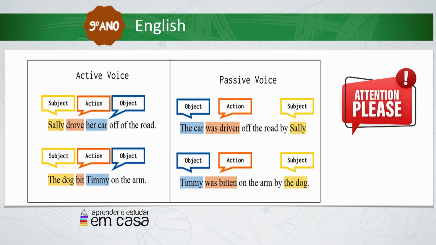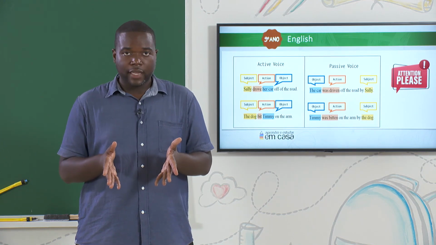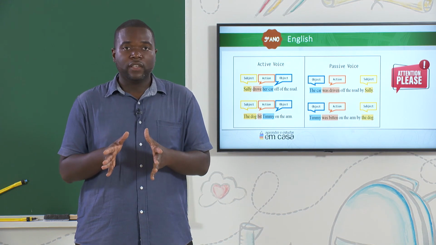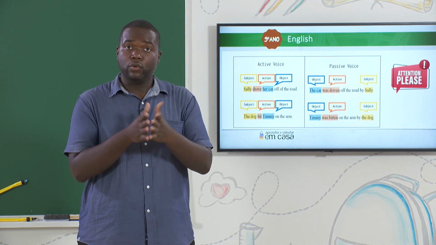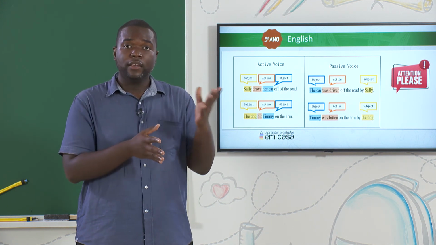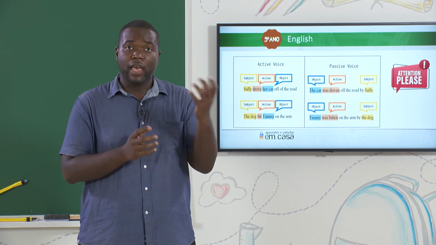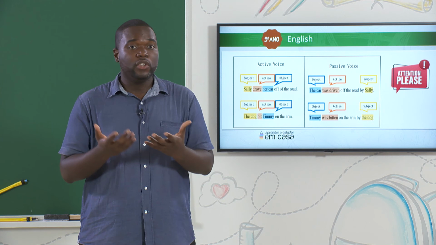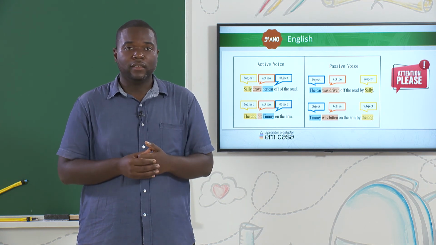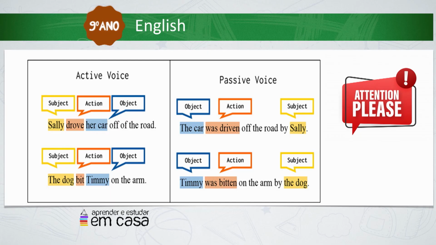Okay. All right, students, were you able to get that? In the active sentence, we have the subject, the verb or action, and the object, and in the passive, we have the switch, the object, the verb, and the subject. All right? But if you didn't get that, we have another sentence as an example. Now, in the second sentence, we have the dog as the subject, beat as the action or verb, and Timmy as the object. And then you have the rest of the sentence, on the arm.